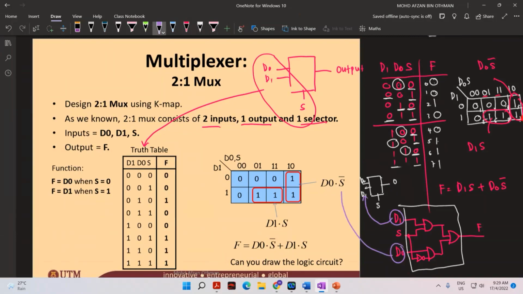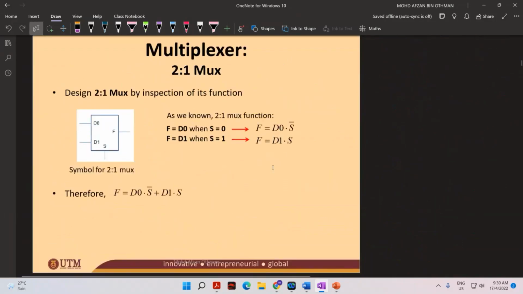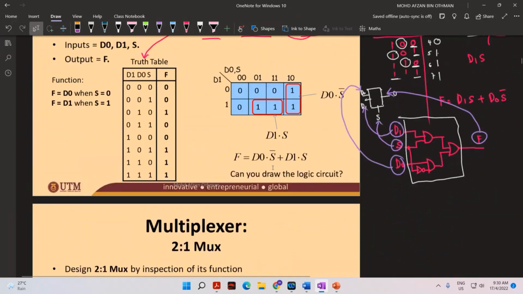D0 adalah sambungan yang ni. S, this one, F adalah kamu punya output. So this is the circuit inside of 2 to 1 mux. Consists of 1, 2, 3, 4. Okay, ada 4 gates untuk buat 2 to 1 mux. Okay, so that is from K-map lah. Kita design by using a K-map.